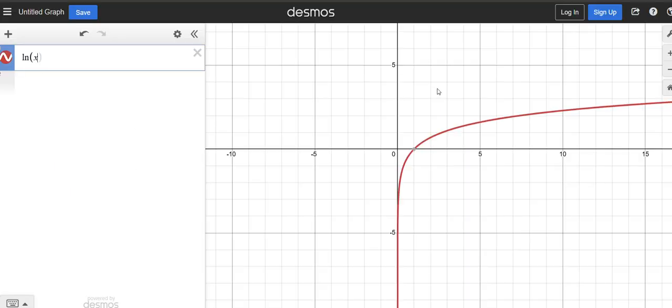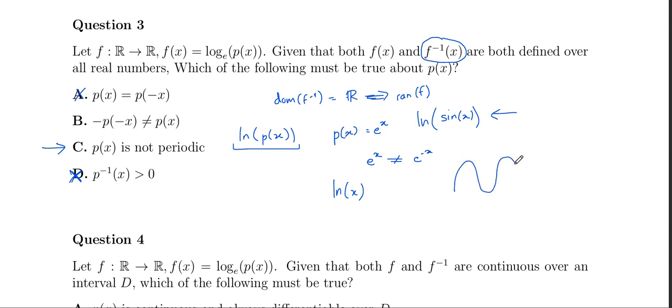And if something's periodic, that means it repeats. And if it repeats, it doesn't pass the horizontal line test, therefore it doesn't have an inverse because it's not 1 to 1. Therefore the answer is C.